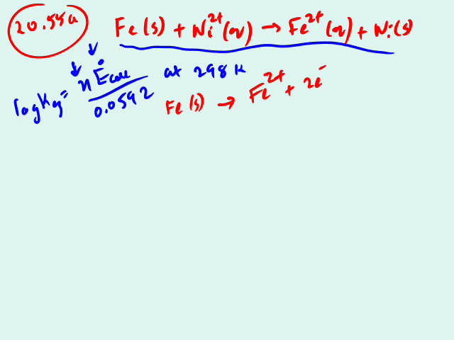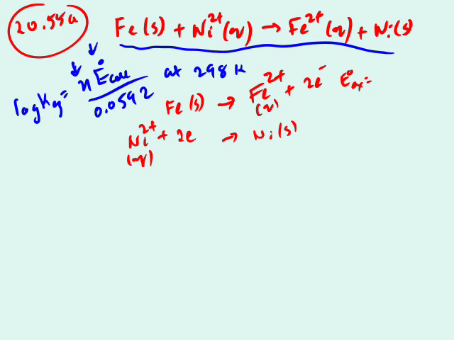That's 1 half reaction. The other half reaction will be given by nickel 2 plus plus 2 electrons, of course aqueous, giving nickel solid. Now E0 oxidation for the first reaction, we get it from the back of the book, Appendix E. Appendix E has all the reduction values, so you need the oxidation value.